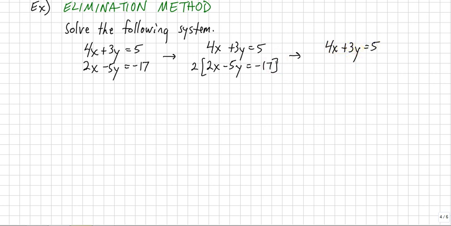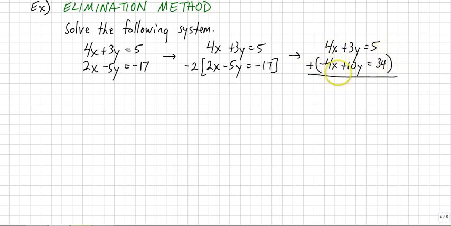If I multiply the second equation by negative 2, I get negative 4x plus 10y equals 34. So negative 2 times negative 17 is positive 34. Now what I want to do is add these two equations together.